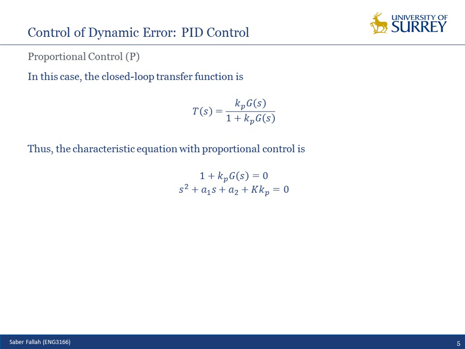If you increase it too much, the damping ratio of the system will decrease and the system will somehow be unstable. Okay? So the proportional controller alone, its performance is limited, very limited. You can improve the steady state error of the system, but for sure you will damage the dynamic response of the system. For example, you will increase the overshoot. If you don't care about the overshoot and you just care about steady state error, proportional control is fine.